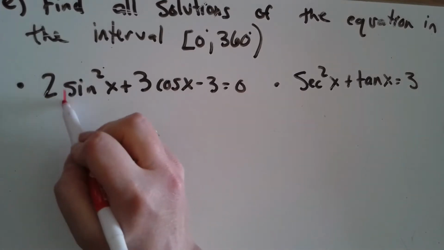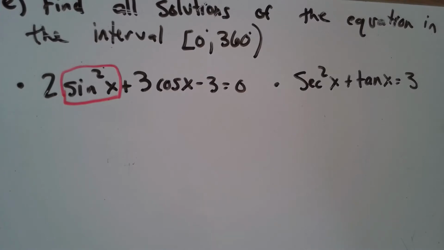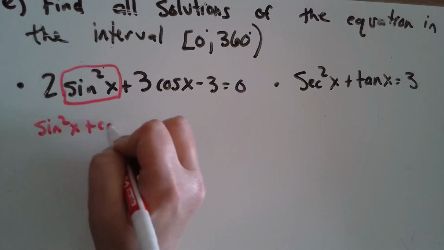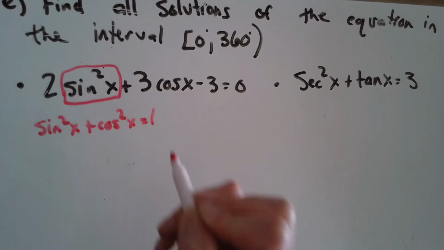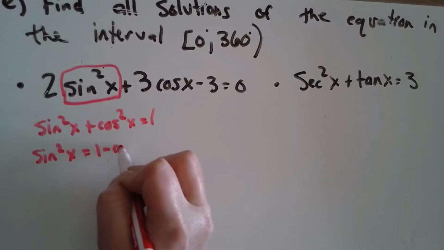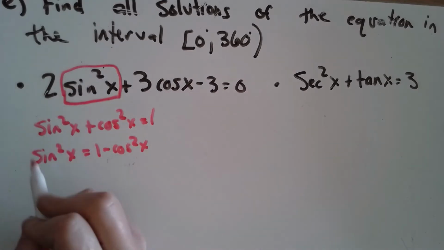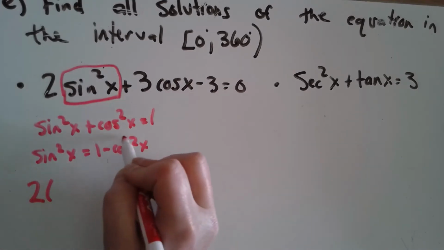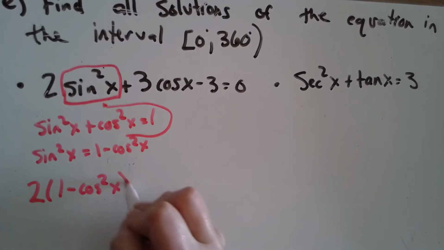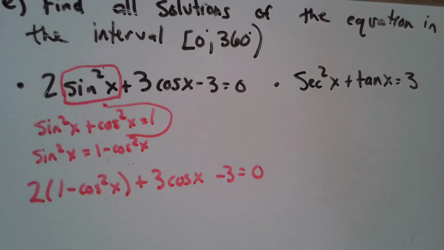So I'm going to change this sine squared x. I know that there's a Pythagorean identity that says sine squared x plus cosine squared x equals 1. So sine squared x equals 1 minus cosine squared x. I want to get this all into cosine. So that would be 2, do some substitution, 1 minus cosine squared x plus 3 cosine x minus 3 equals 0.